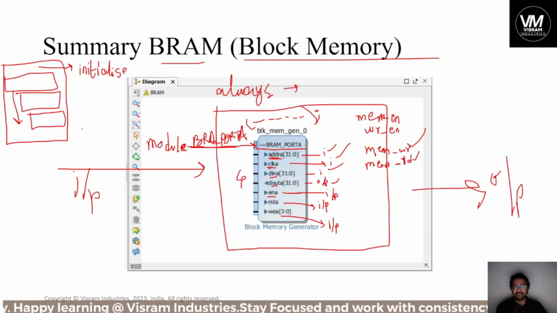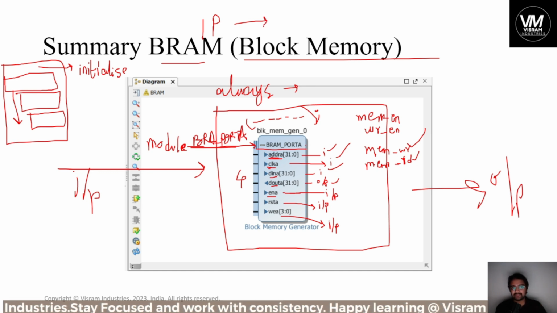Things apart, for the bigger, larger memories we are using IP Integrator, because we can get memories from vendors who have designed the memory blocks, to directly use and implement inside your own project.